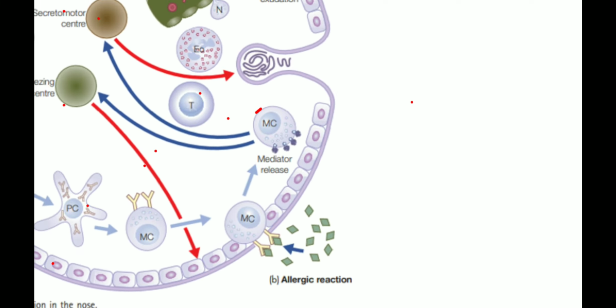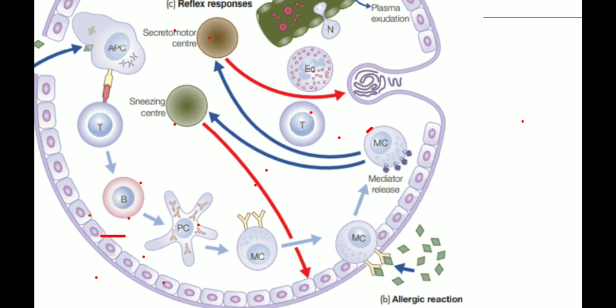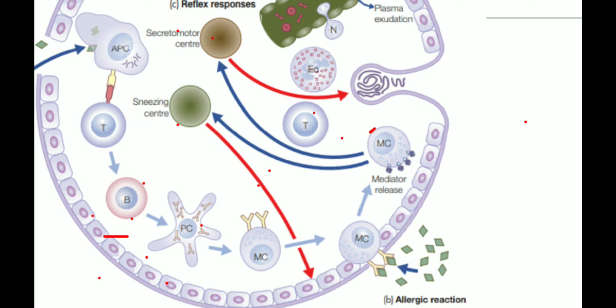This will cause the degranulation of the mast cells with the release of inflammatory mediators like histamine, leukotriene C4, prostaglandin D2, which leads to rhinorrhea, sneezing, then pruritus, nasal obstruction. So this is the mechanism, or the pathogenesis, of allergic rhinitis.